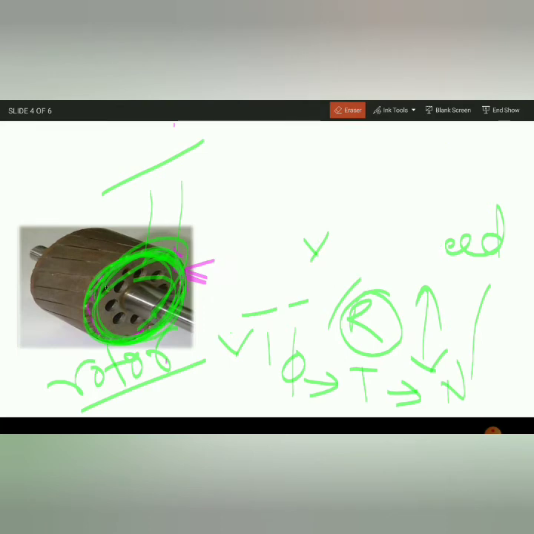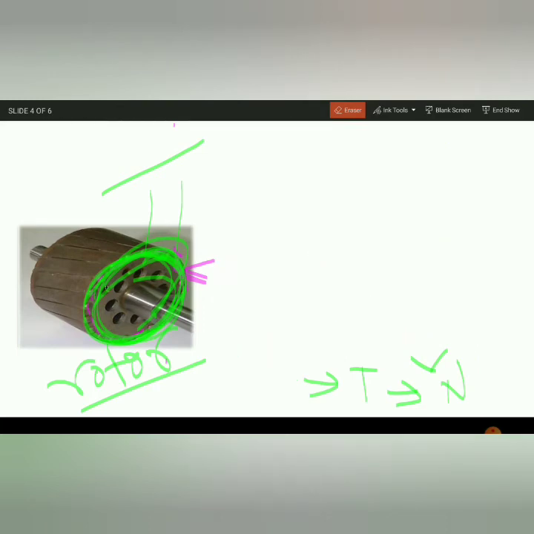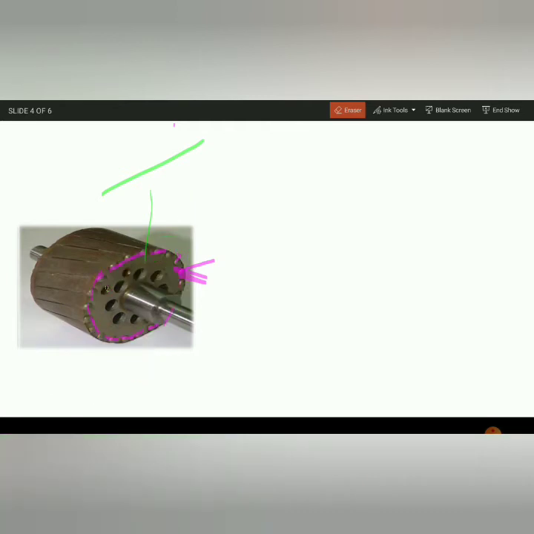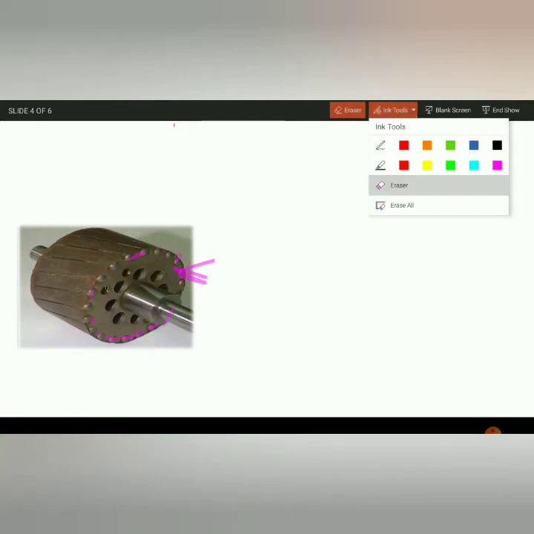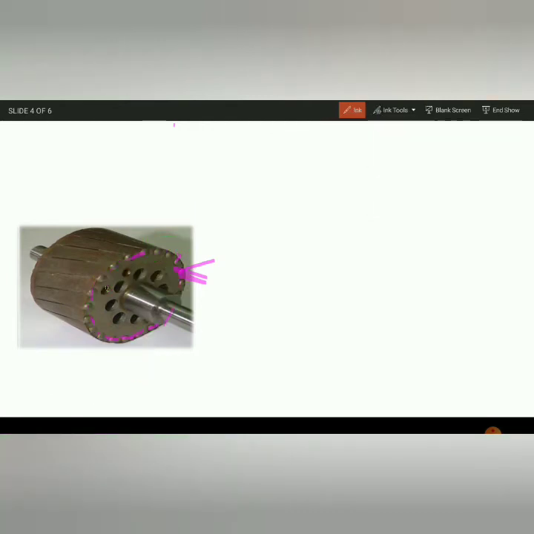But in the case of a slip ring induction motor, what opportunities do we have? In a slip ring induction motor, the end rings are not connected, it is open circuited. These are all connected, but the end rings are open, and they are connected to the slip ring.